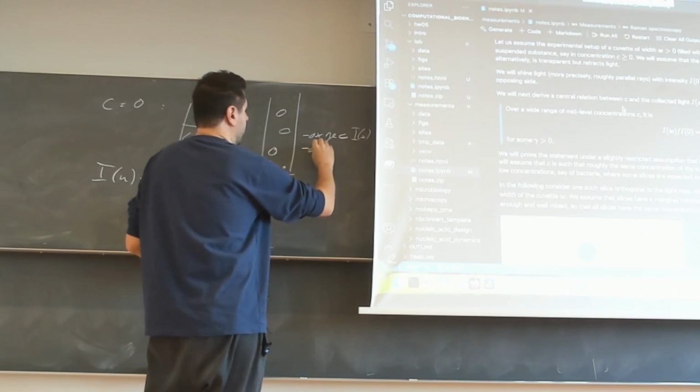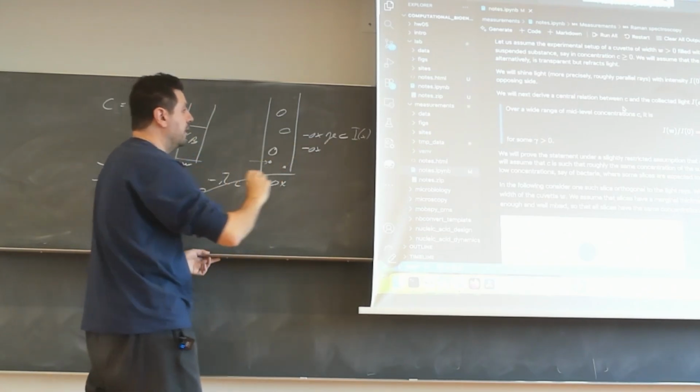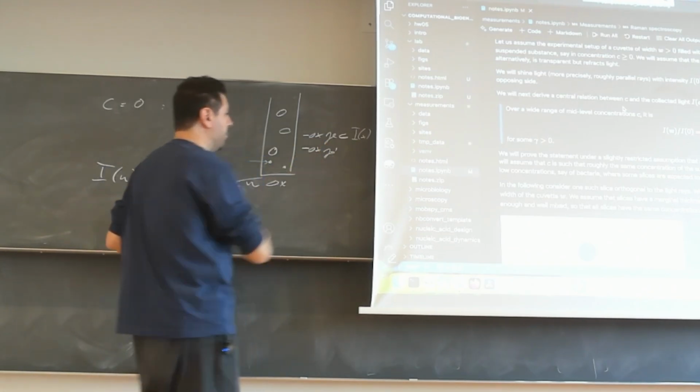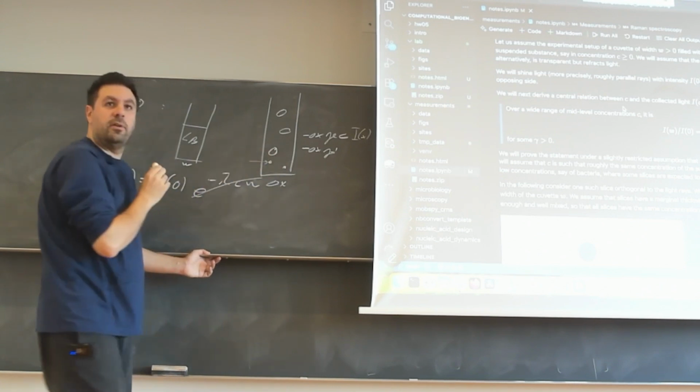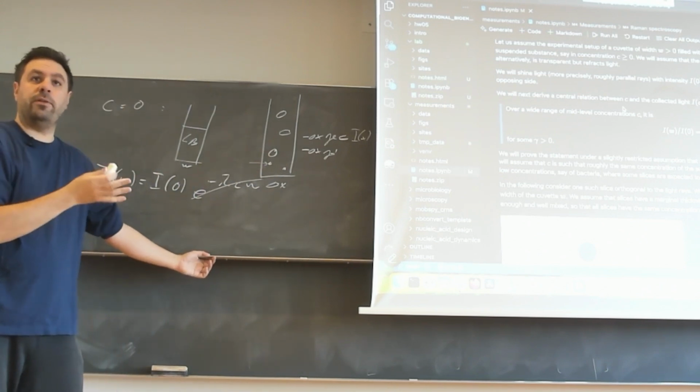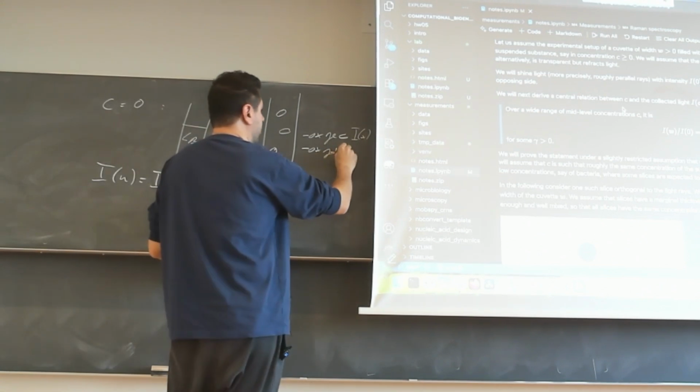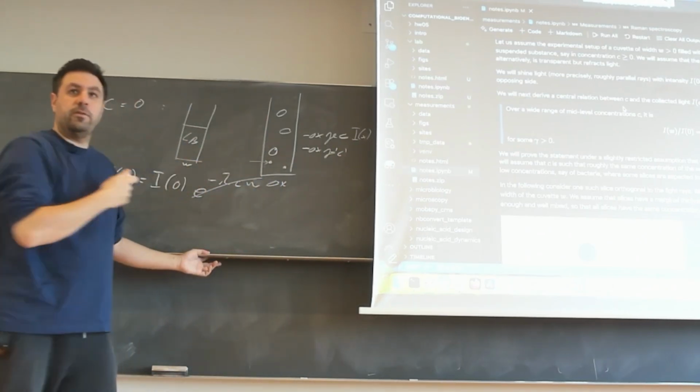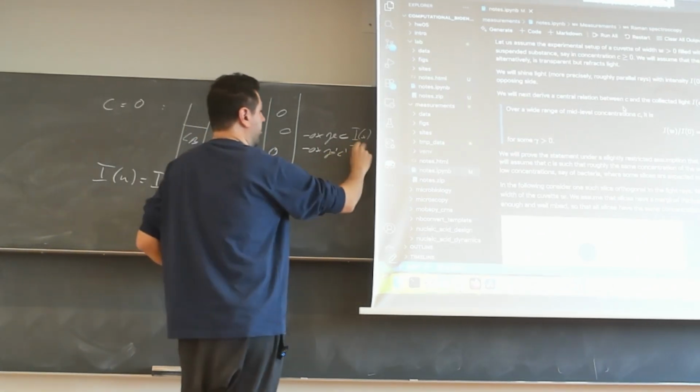Then we have minus delta x because this is the same. Then we will have a gamma prime that is specific to these things. Probably it's much smaller than gamma. C prime, the concentration of this thing here, and also Ix.